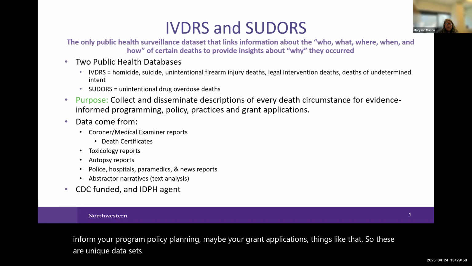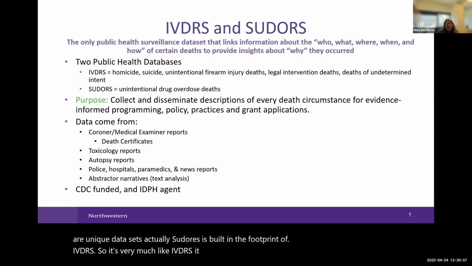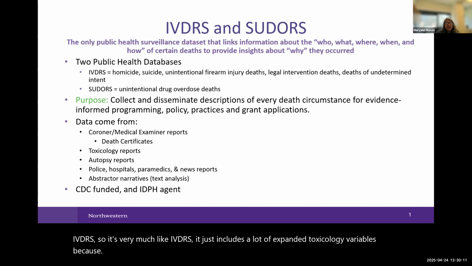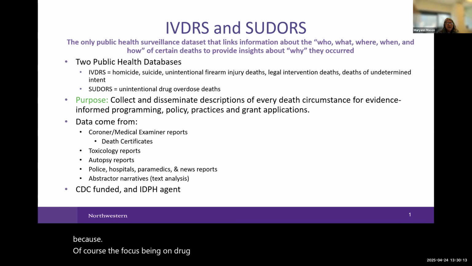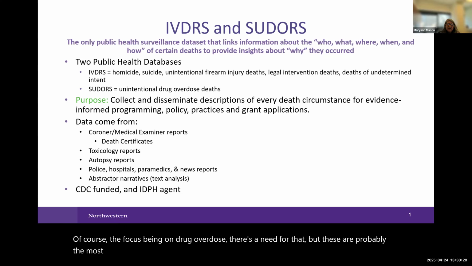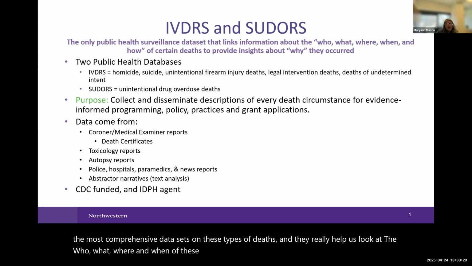Actually, SUDORS is built in the footprint of IVDRS, so it's very much like IVDRS. It just includes a lot of expanded toxicology variables because, of course, the focus being on drug overdose, there's a need for that. But these are probably the most comprehensive data sets on these types of deaths. And they really help us look at the who, what, where, and when of these certain kinds of deaths.